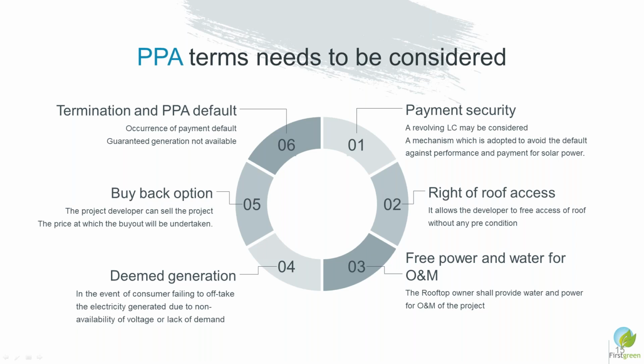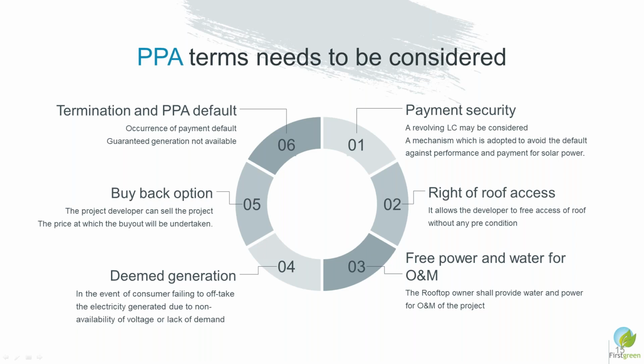This is known as a revolving LC to be opened by the off-taker to the project developer, so that once he has submitted his bills, then he can get the payment against the LC within the specified time, and the LC is renewed on a monthly or bi-monthly or annual basis depending on the contract. At times, people also ask for payment security in terms of a bank guarantee, which is a much more refined tool.